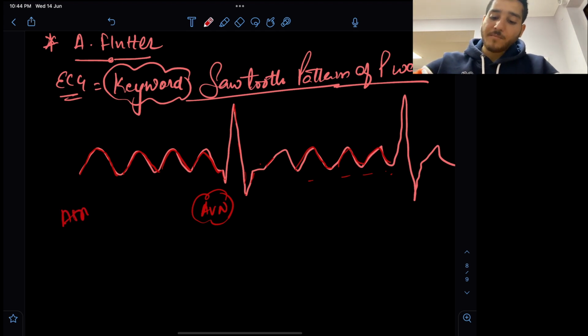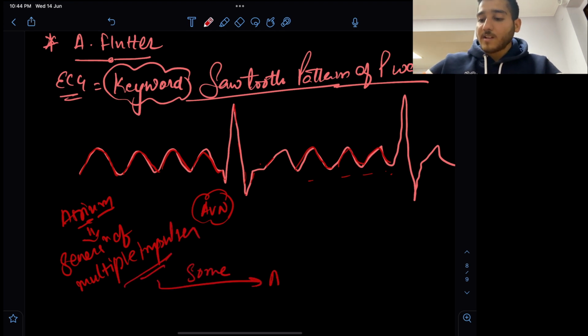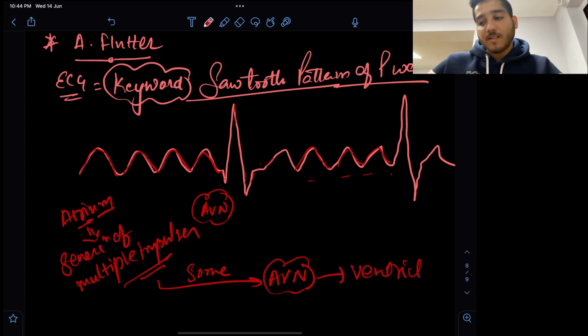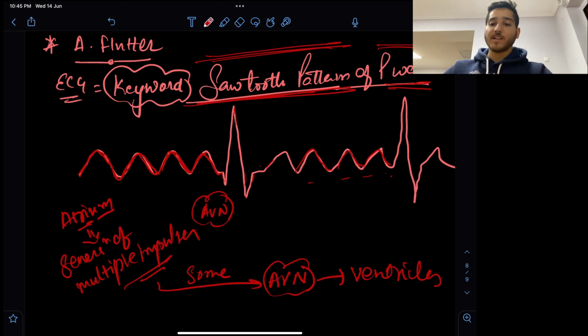So in the atrium there is generation of multiple impulses, and out of them only some are conducted via the AV node to the ventricles. And these multiple P waves give this classical appearance of sawtooth pattern. So we name them the sawtooth pattern of P waves, and this is a classical finding for atrial flutter.